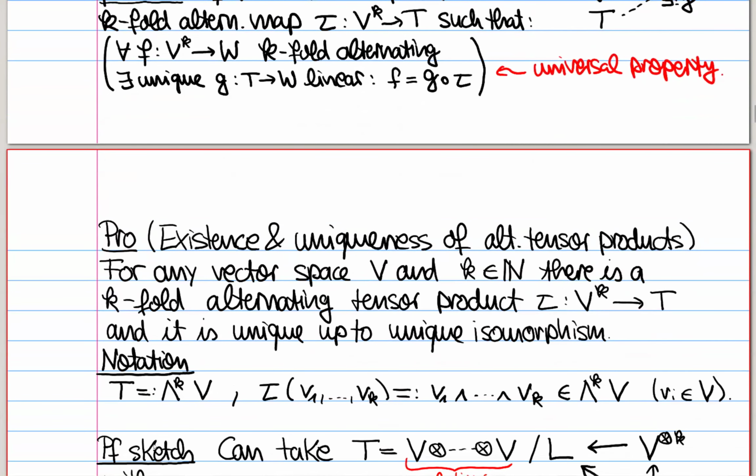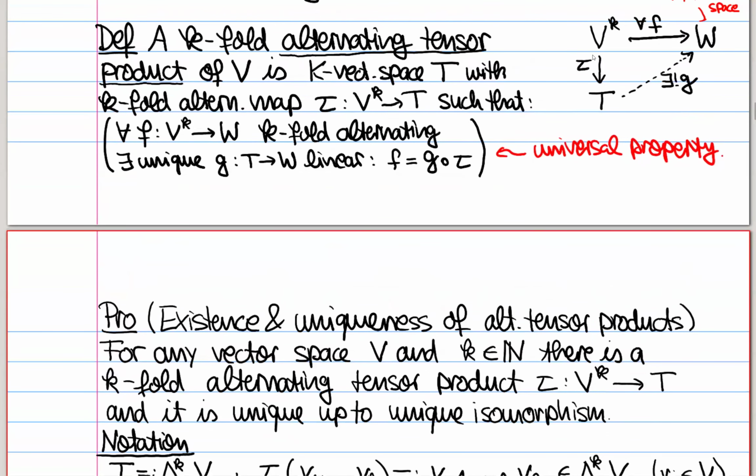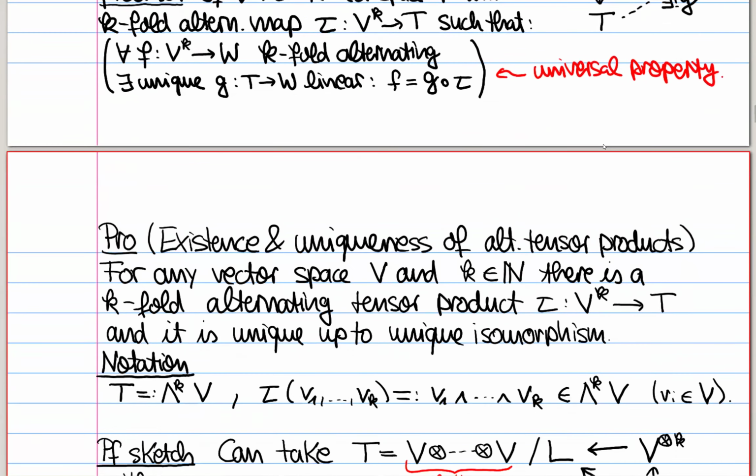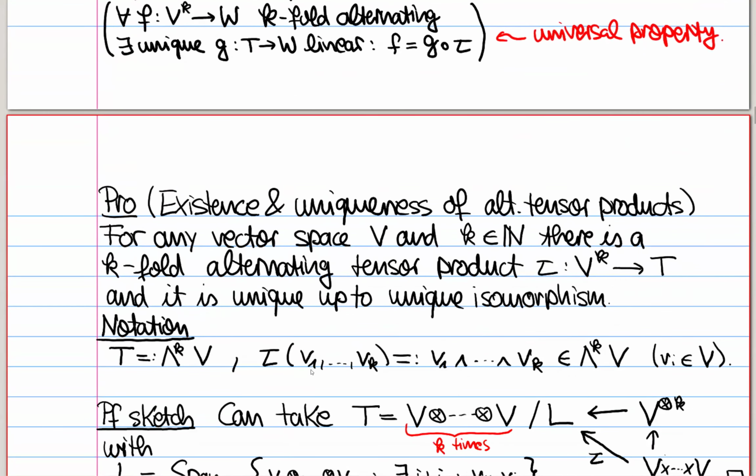We use the notation T is then called Lambda^k V, and part of the package is this map from V^k to T. Instead of writing this map explicitly, the image is denoted by such wedges: v1 wedge up to vk, where all these vi are elements in the vector space V.